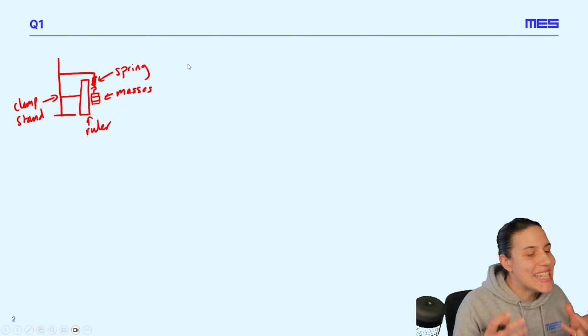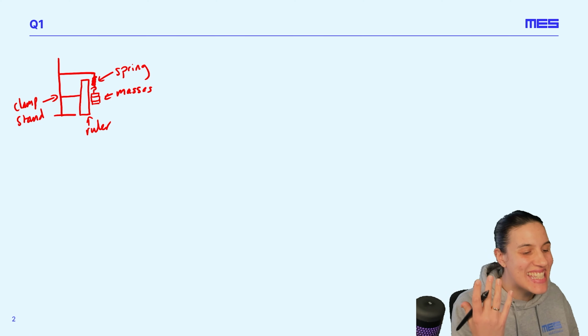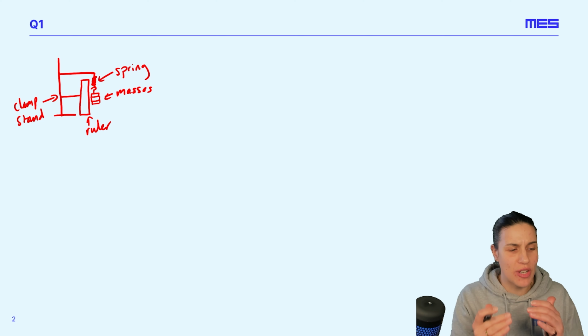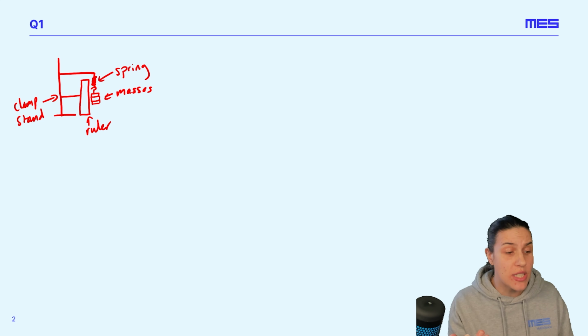So what I need to do is, because I'm measuring the extension, I need to say some way of measuring how much that spring stretches. Now, there's 2 ways of doing that.